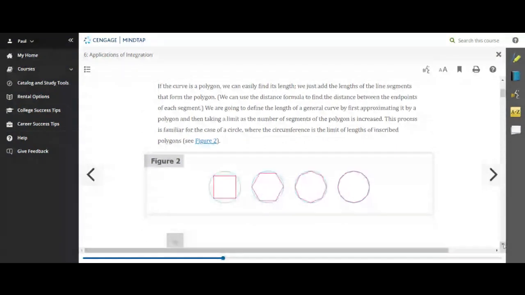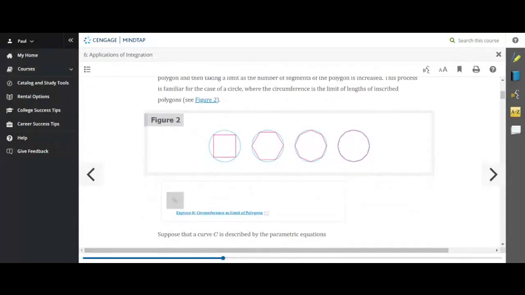Here in figure 2, I want to be a little careful. They have a circle, and we know how to find the length of a circle. It's the circumference. But if you didn't know that formula, how would you estimate the length?